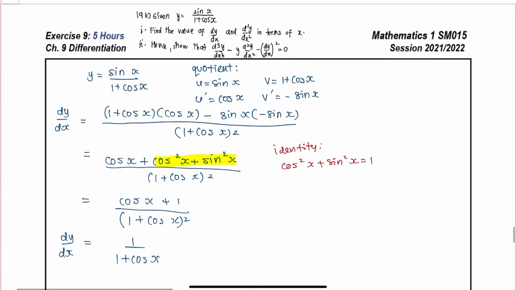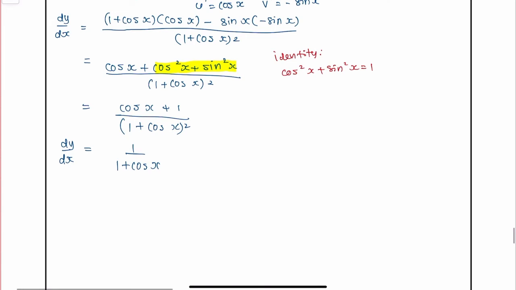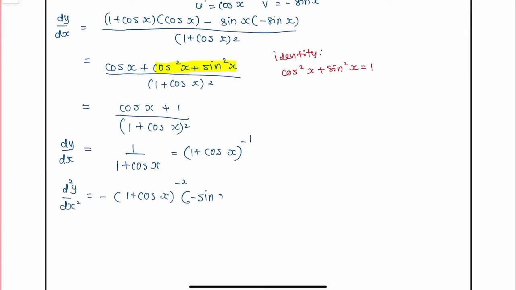Okay, next we need to find d2y over dx square. So differentiate one more time. Here we don't need the quotient rule. So 1 over 1 plus cos x, I change to a power. Okay, so d2y over dx square will be negative 1 plus cos x to the negative 2 times negative sin x.